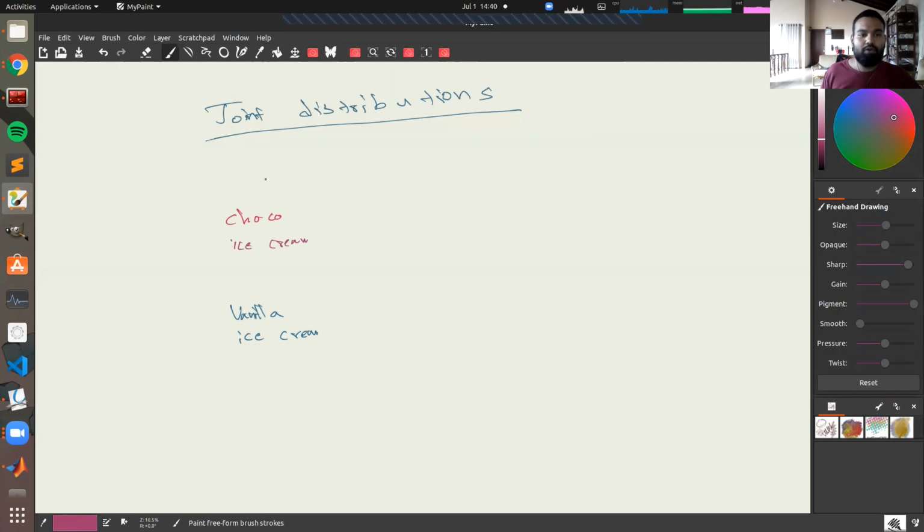What I'm going to do is you can just quickly mention what your favorite is, and I'm also going to divide this between male and female. I'm trying to design a small distribution, just to help you understand the concept of joint distributions and all the other things that I want to talk about past that. So we have male, female, chocolate ice cream, vanilla ice cream. Essentially what we have here are two random variables. One random variable, let's call it X, is what ice cream flavor you like, and we can define another random variable Y, whether you're male or female.